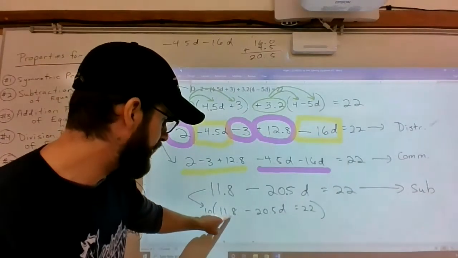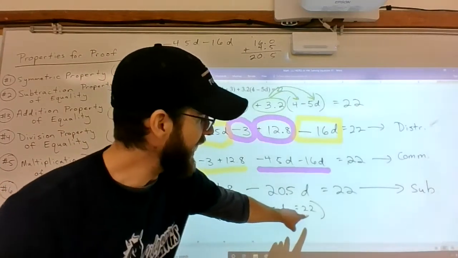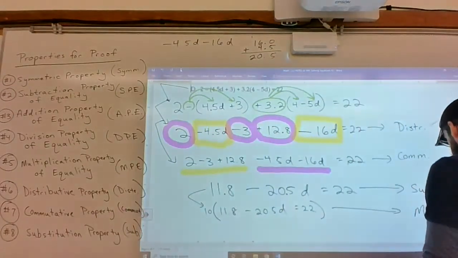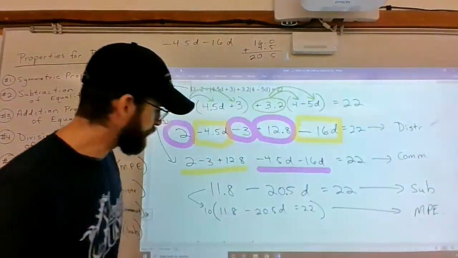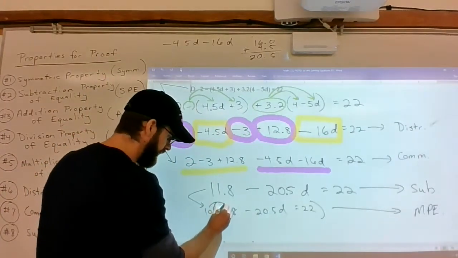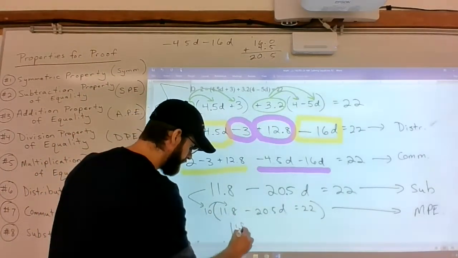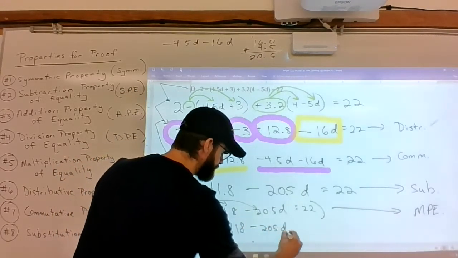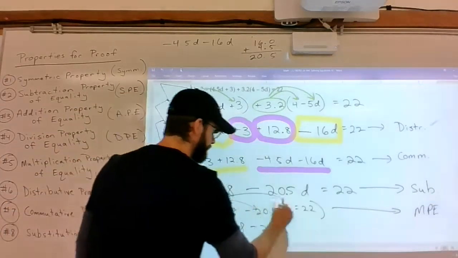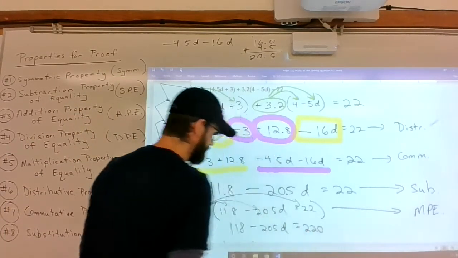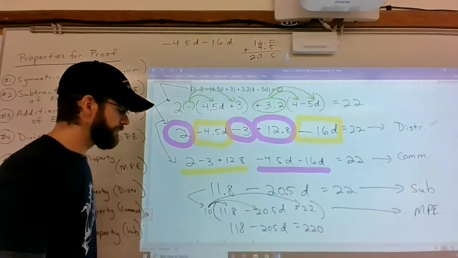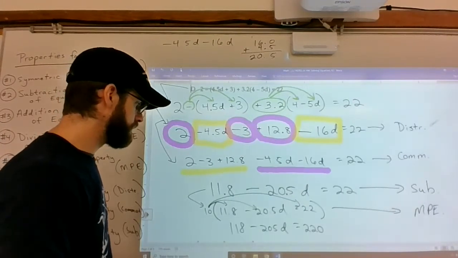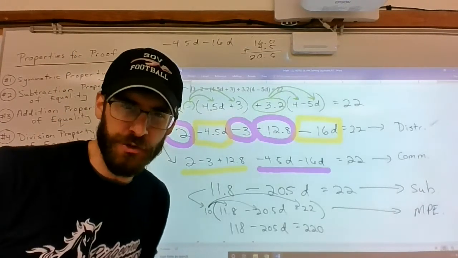And then it moves the decimal place over 1, and then adds a 0 to whoever doesn't have a decimal. So multiplication property of equality would give me 118 minus 205d equals 220.